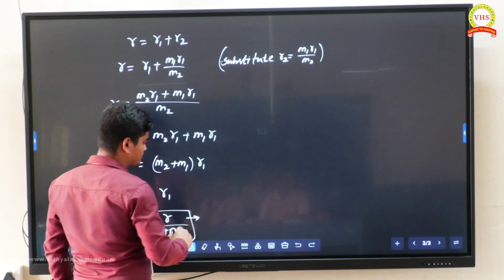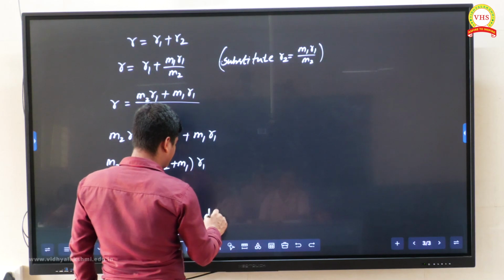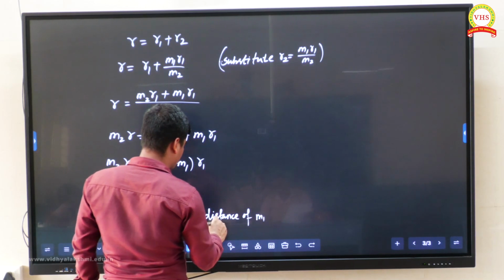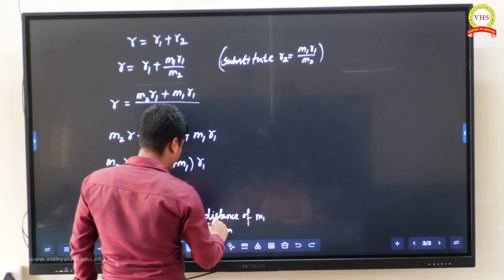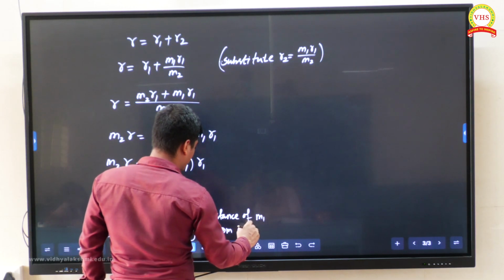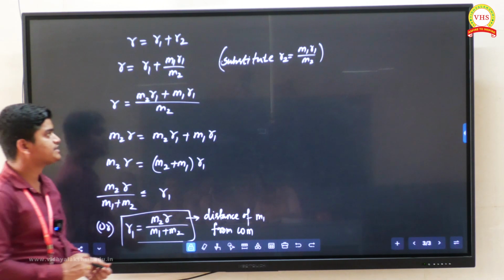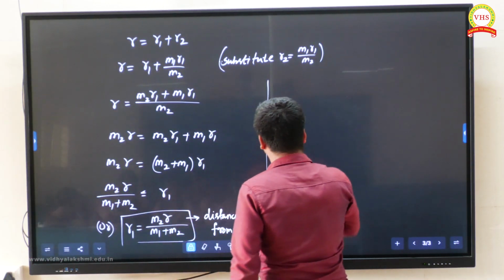It is the distance of M1 from the center of mass. Clear?